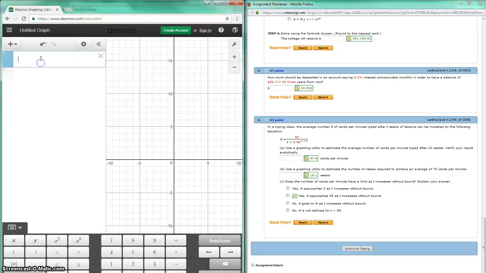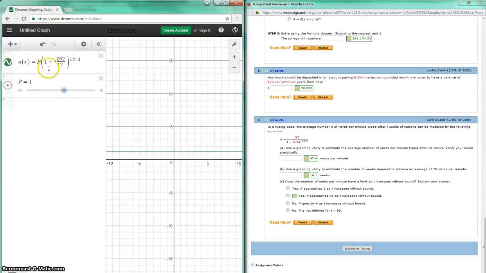The total amount equals your present day value, which is what we're trying to figure out, how much we have initially. So 1 plus your rate, 6.2% divided by 12 for compounded monthly, raised to 12 times how many years, and it's 3, so a total of 36 up top.